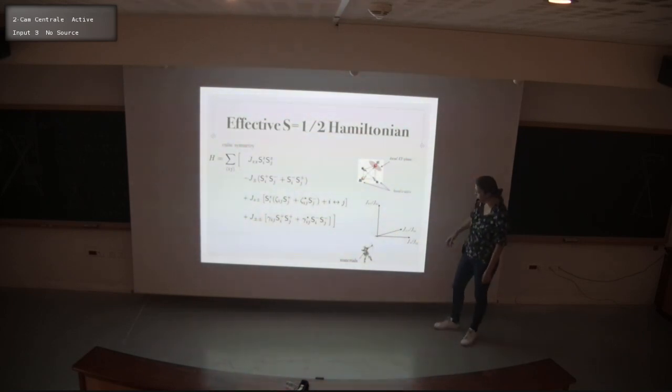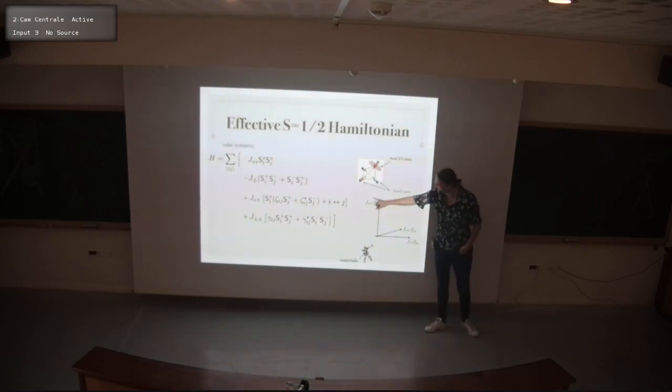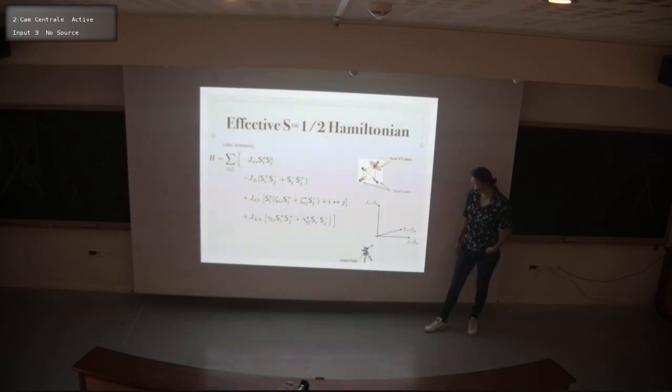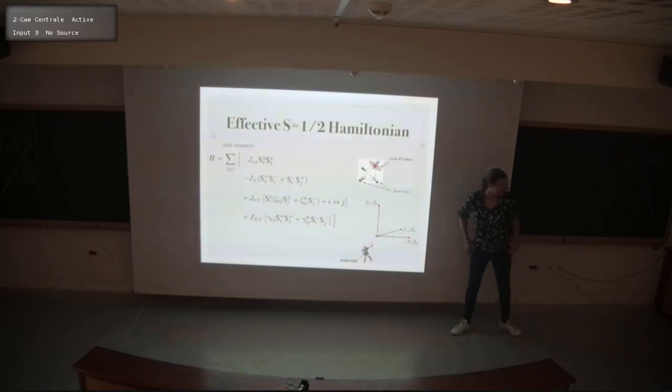Any material is going to be represented by a point in this three-dimensional phase diagram. It's only three-dimensional and not four-dimensional, because I've written this in terms of dimensionless constants, normalized by this JZZ term, which is the classical spin ice term. So classical spin ice would just be this point here. In fact, it's a very singular point in this more general phase diagram.